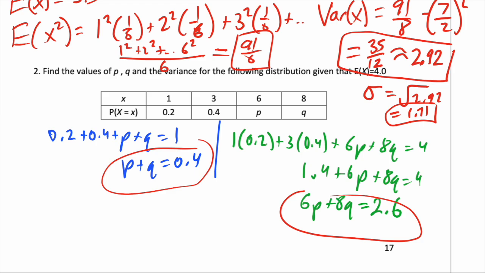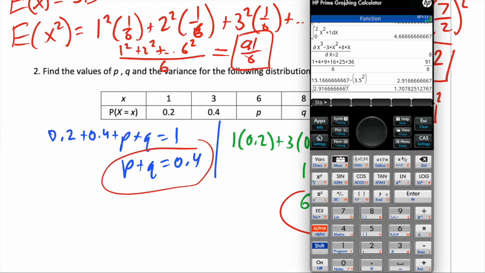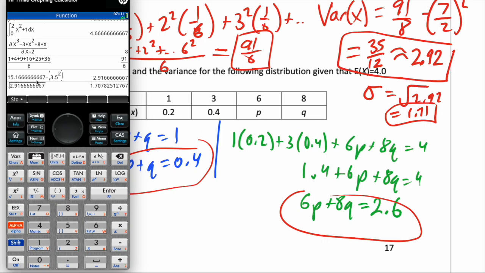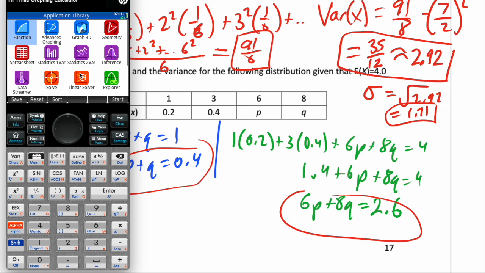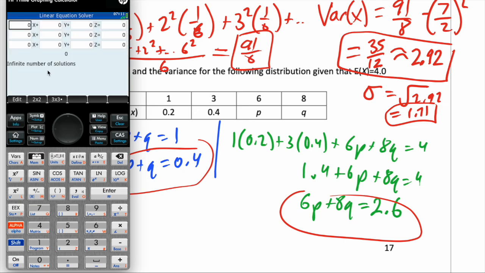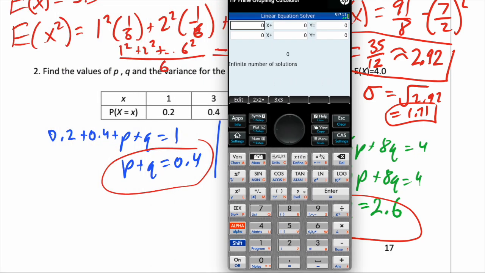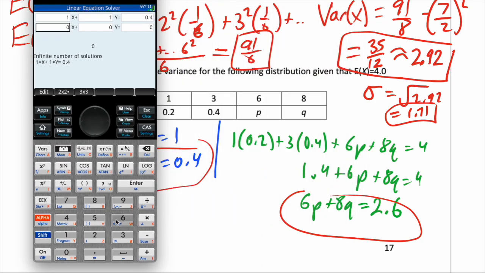Okay, let's practice solving this with our calculator. I suppose we could do it by hand, but let's go on the calculator and we go to apps. You can do this on Linear Solver. I'm going to change it to 2 by 2 and type in the coefficients: 1, 1, 0.4, 6, 8, and 2.6.